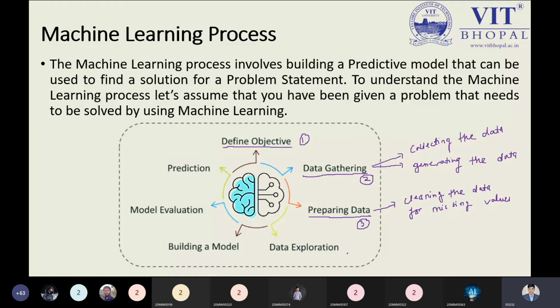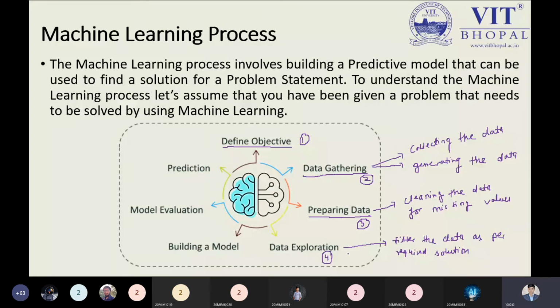In this fourth point, in data exploration, we will try to filter the data as per the required solution. Some data is not feasible for our solution, so we will discard that part. So data exploration will be over here.